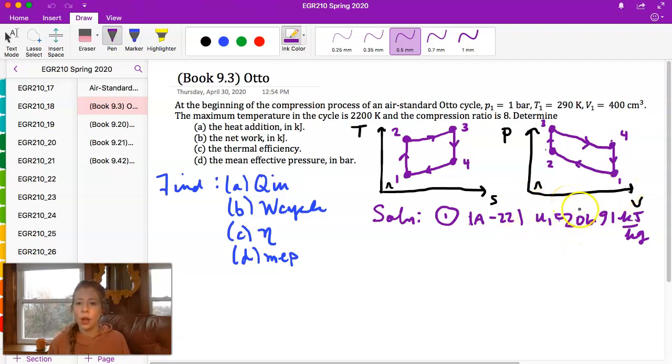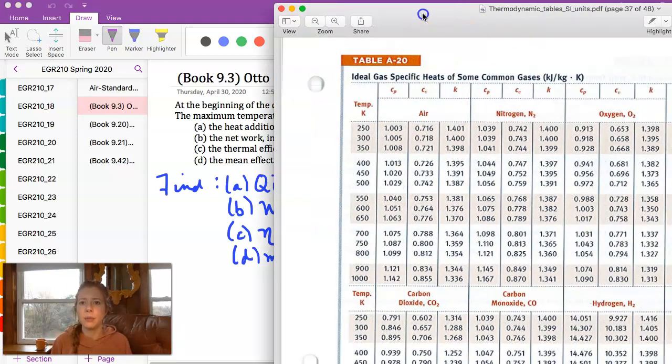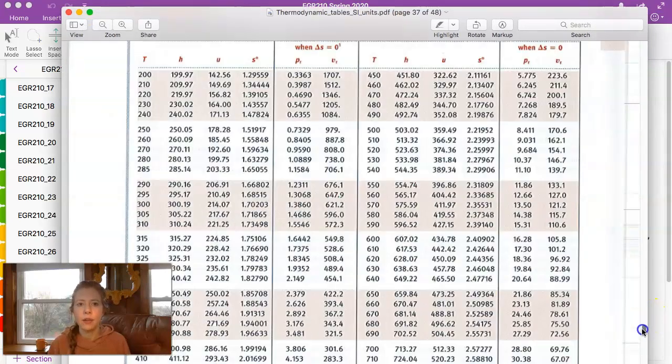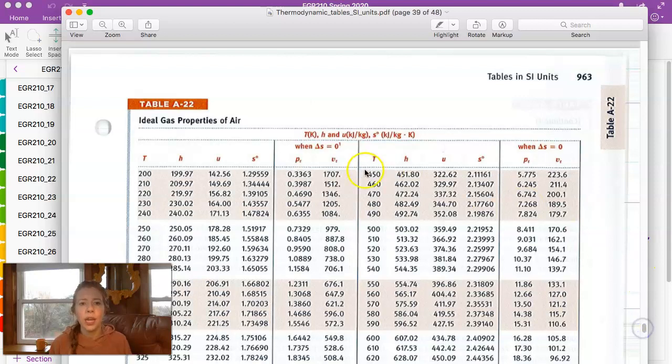And so also another thing that we can look up in our tables here, let me open up my table and look at A22. And you see these P sub R's and V sub R's. So these are pressures and volumes entirely as a function of temperature.